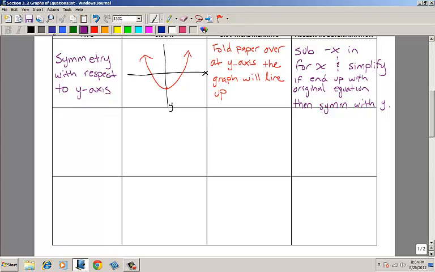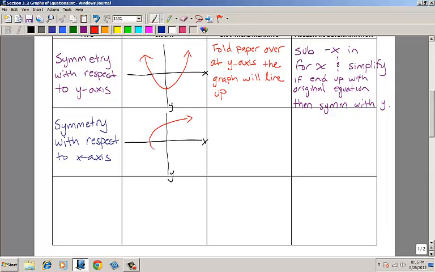Let's look at the next one. The next one is going to be symmetry with respect to the x-axis. And a graphical representation of this. Here's your x and here's your y. It looks like this.